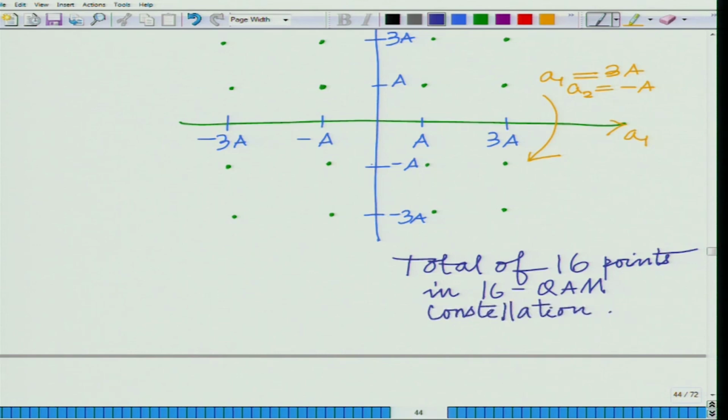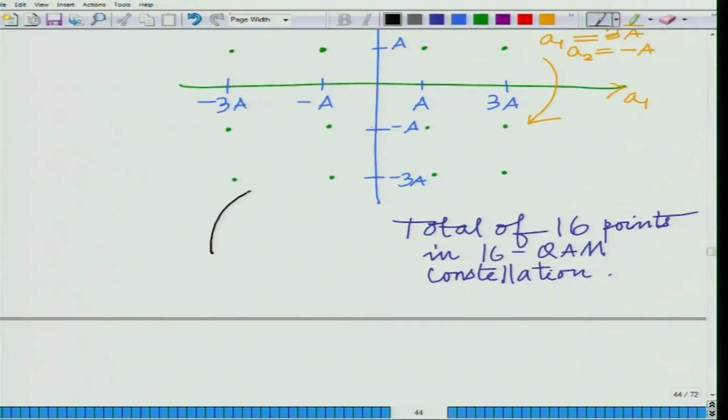Observe A1 belongs to a linear PAM, that is a PAM on a line. Remember, PAM is a linear constellation, that is it can be represented on a line. Okay. So, here we have a QAM, which has a constituent square root M-ary PAM A1 on a line, that is x axis, another constituent square root M-ary PAM A2 on the line, which is y axis. Therefore, if you look at the net constellation, this looks like a square. So, this is also known as a square constellation.